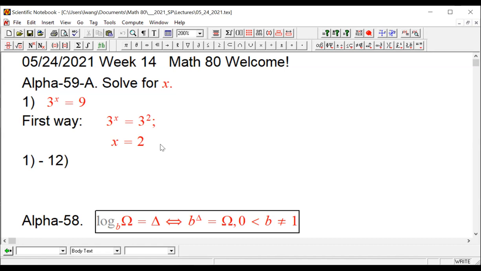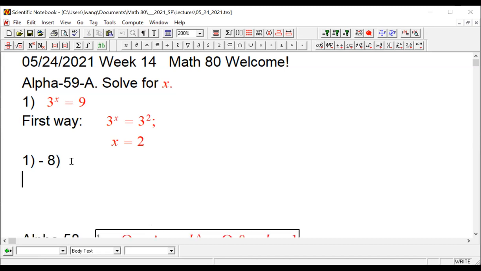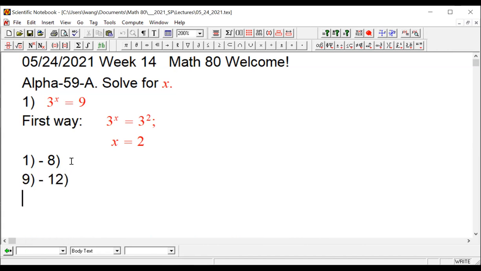Let's do up to number 8, because we're going to do this in three stages. Number 9 through number 12, and the next stage is number 13 through number 16. These are the different stages, and we're going to gradually introduce the different methods.